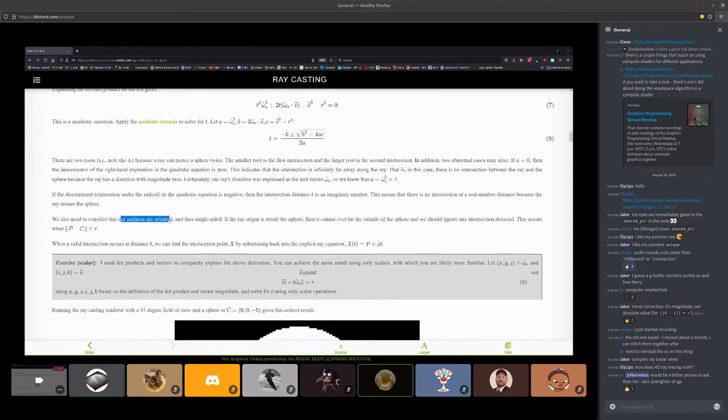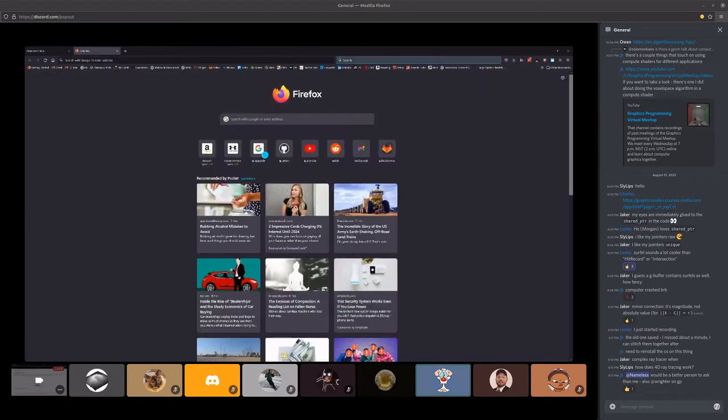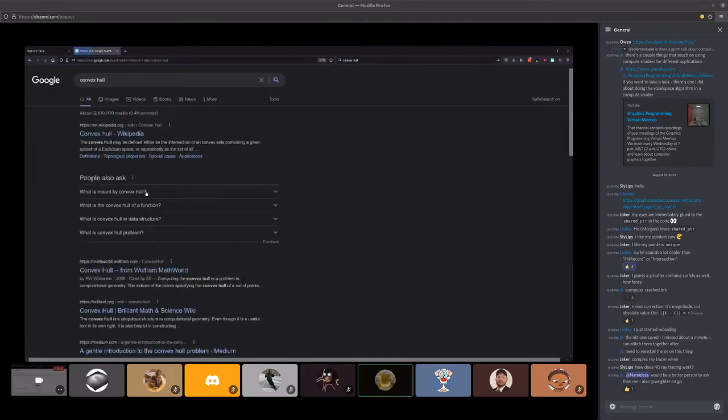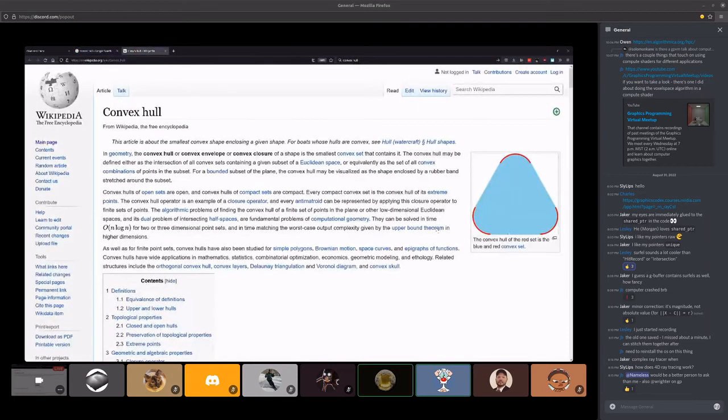It only really makes sense to have this when you have, what's the type of object that's a bounding shell? Convex hull? A convex hull is bounding another object.